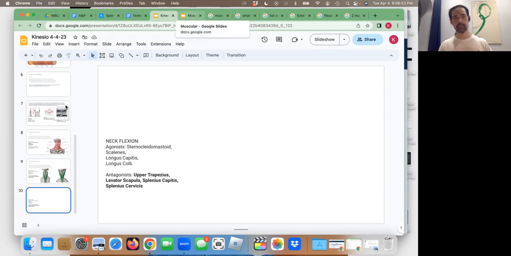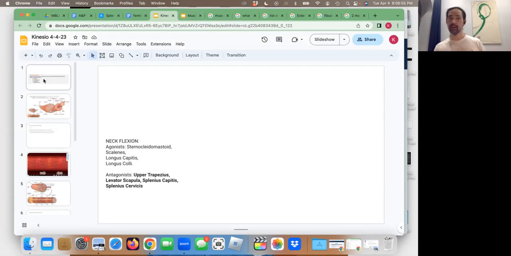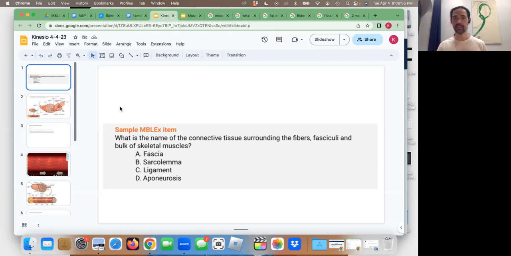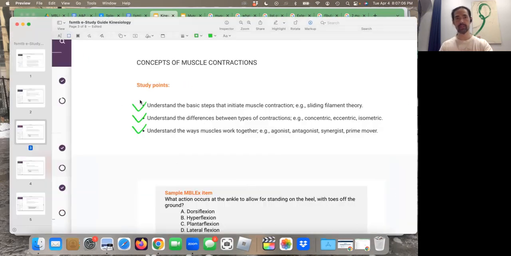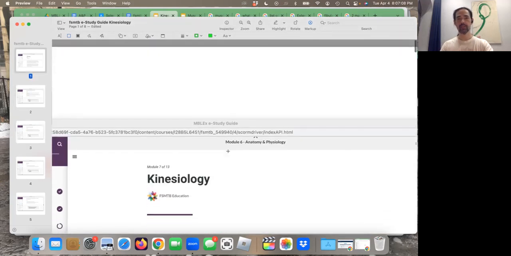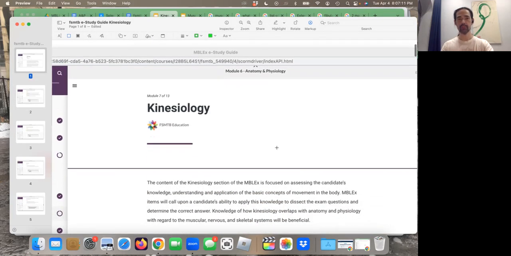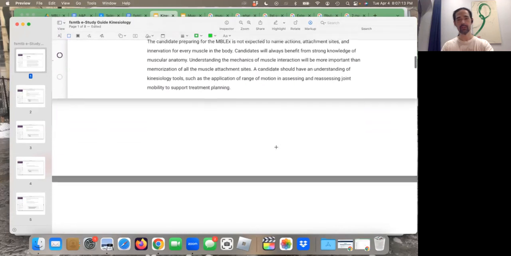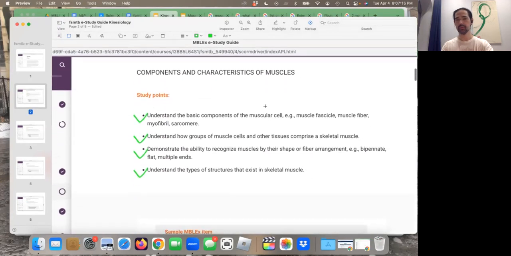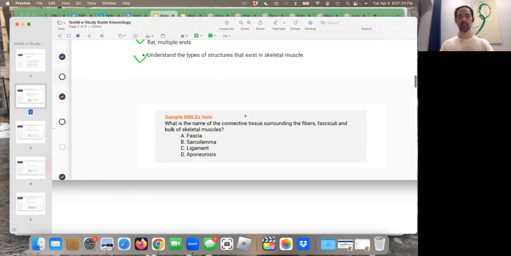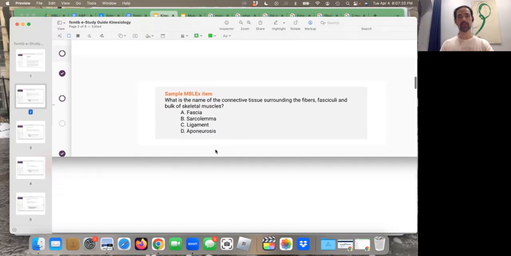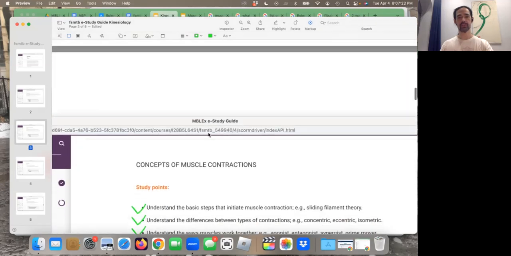Okay, so speaking of gray areas, I want to start the presentation tonight with a sample MBLEx question from the FSMTB. When you look at the FSMTB kinesiology module review kit, it gives you the different sections like components and characteristics of muscles, types of proprioceptors, and then it gives you little sample questions for each of those sections, right?